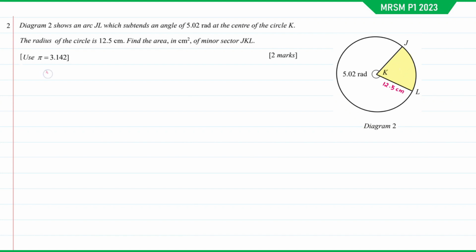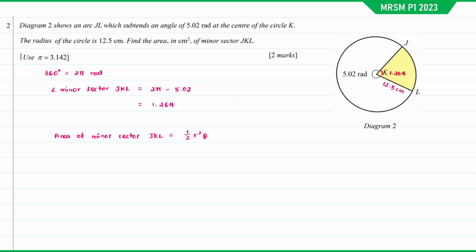So for a full circle, 360 degrees is equal to 2 pi radian. So to find the angle of the minor sector JKL, it will be 2 pi minus 5.02, which is equal to 1.264 radian.